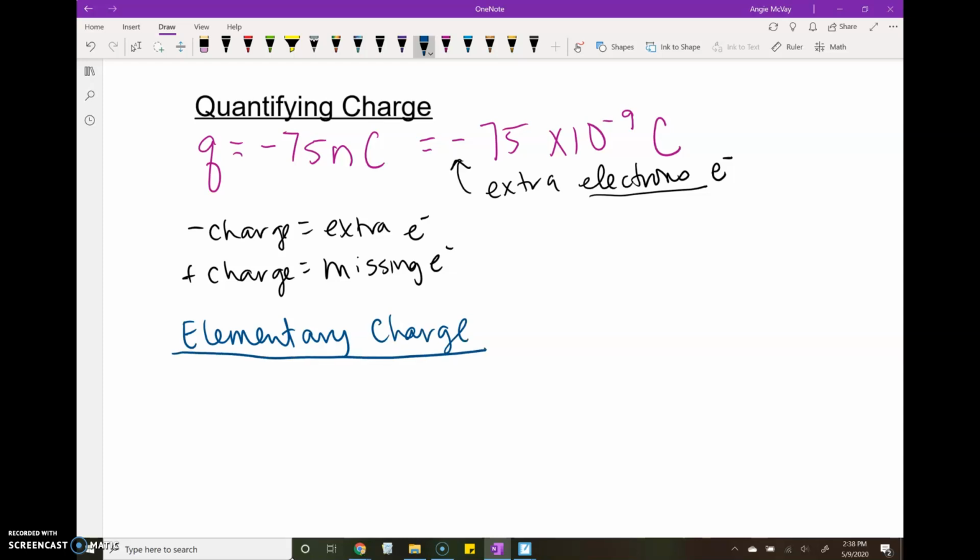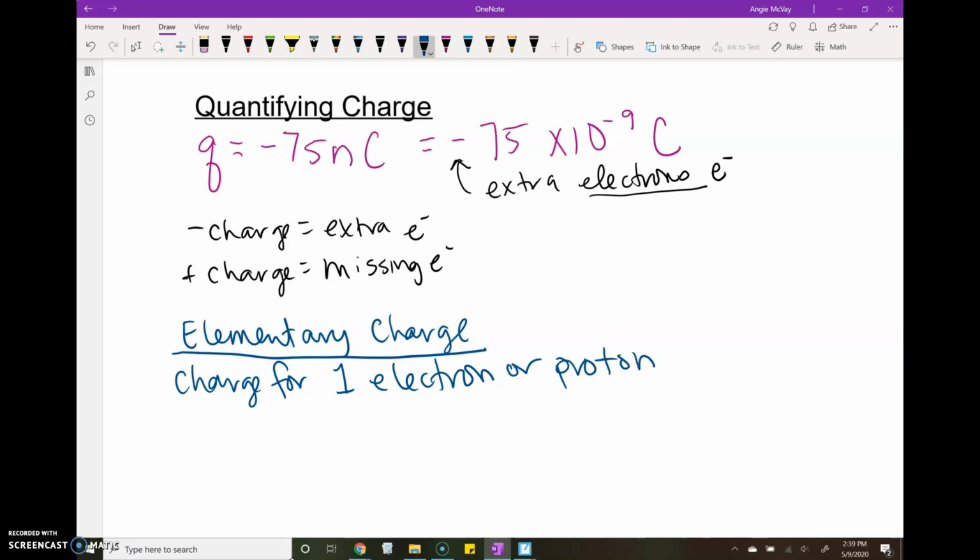Elementary charge is actually the smallest amount of charge something can have. It's the charge of one electron or one proton.